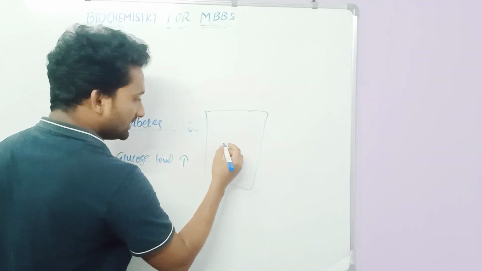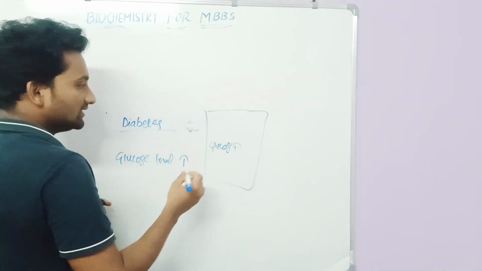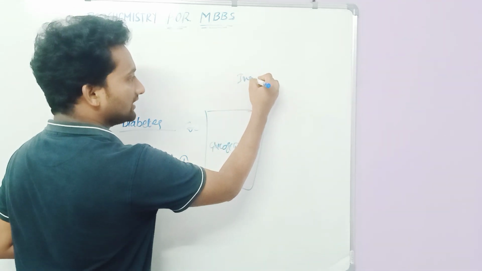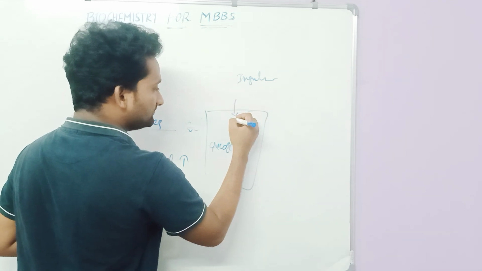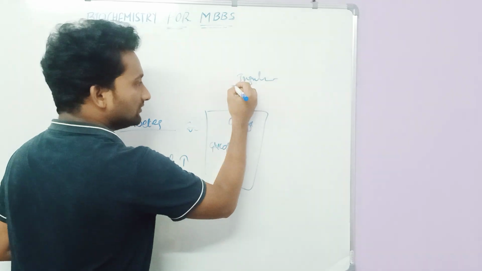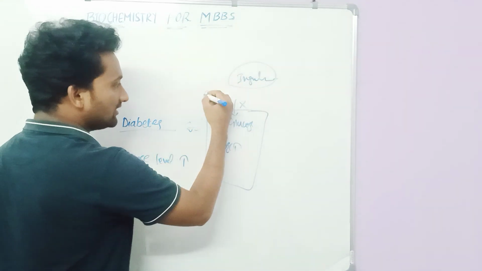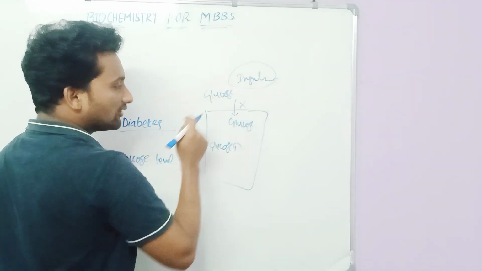In the blood, glucose is accumulated. Why? Because there is no insulin. Insulin deficiency leads to no glucose entry into the cell. Glucose entry will not happen due to lack of insulin. So the glucose outside will not come inside the cell.